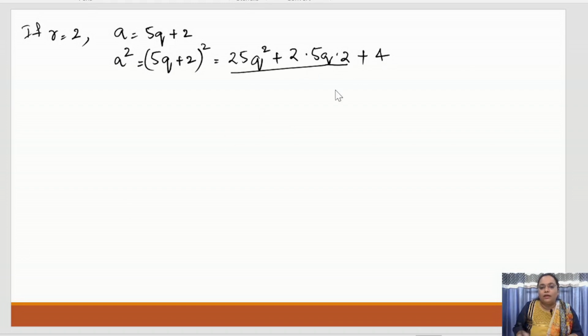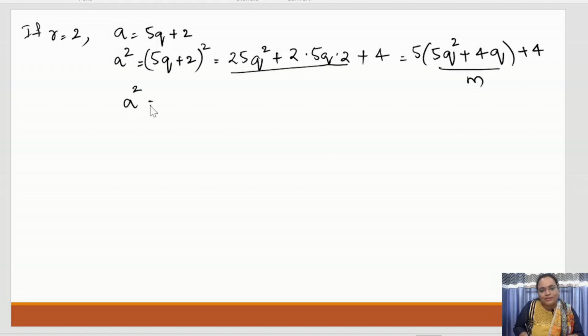From here, if you take 5 common, you will get 5 into (5q square plus 4q) plus 4. If we replace this with m, you will get a square is equal to 5m plus 4, where m is equal to 5q square plus 4q.